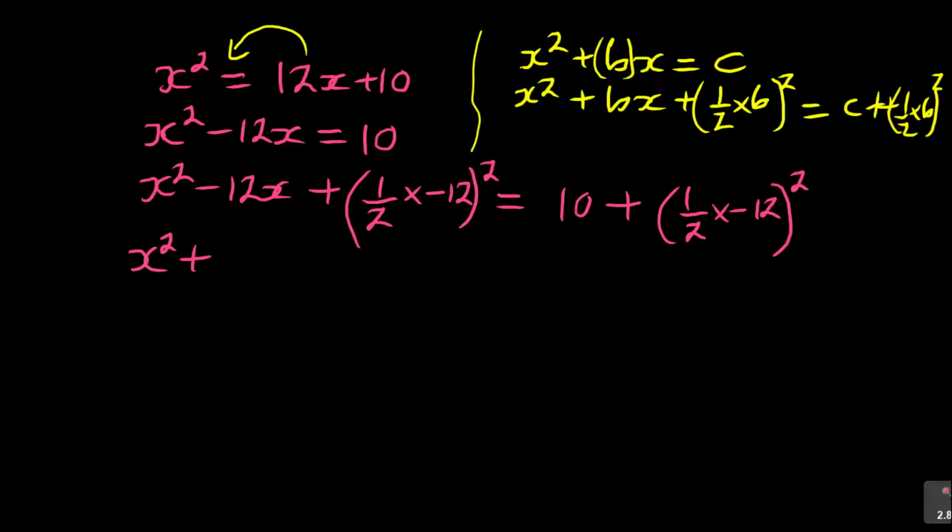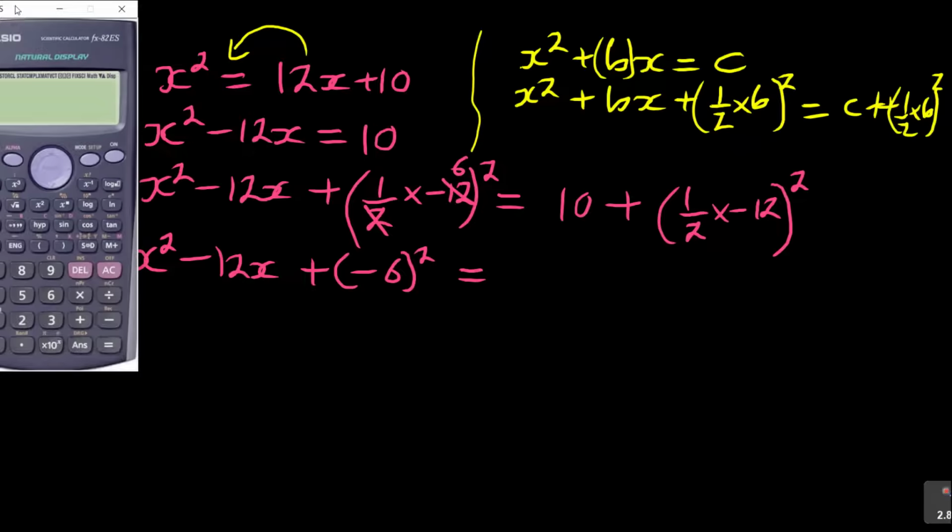It's x squared minus 12x plus, don't simplify that square, leave that square as is. So half of 12, it's minus 6 squared. Then what you can simplify is what is on the right-hand side after the equal sign.